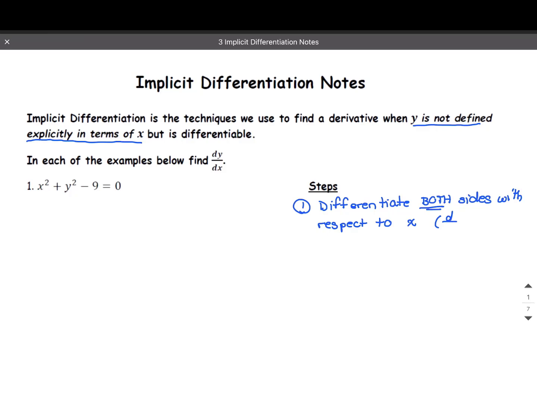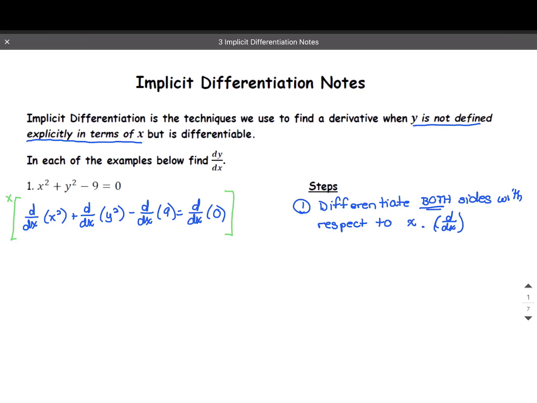So we take the derivative with respect to x of x squared plus the derivative with respect to x of y squared minus the derivative with respect to x of 9 equals the derivative with respect to x of 0. Now I'm going to be honest here. I'm writing this step so you see it. You don't ever have to write this step again, but I want you to understand what it is we're doing.